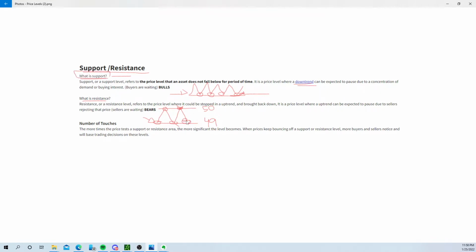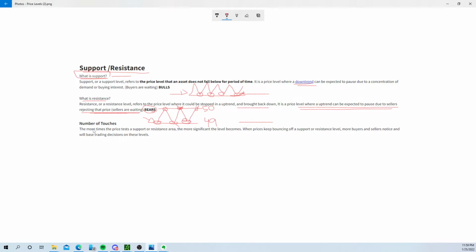If it does hold, we could expect it to go up, and again we could catch it going up and sell or trim your contracts at the 50 level. So it is a price level where an uptrend can be expected to pause due to sellers rejecting that price, which is where bears are waiting. So support is at the bottom, and on top is resistance.